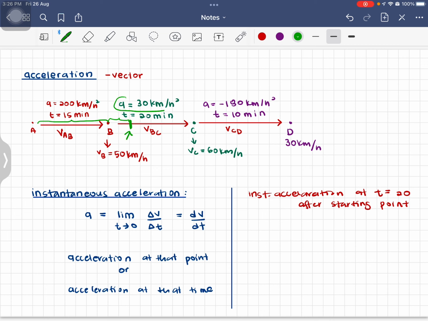Just taking the acceleration here, you will get A at 20 minutes equal to 30 km per hour squared.